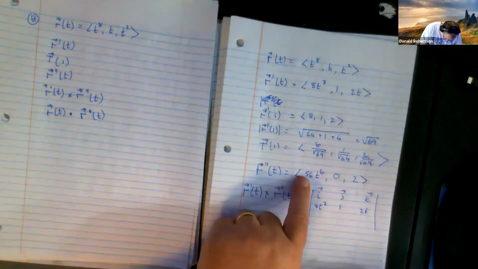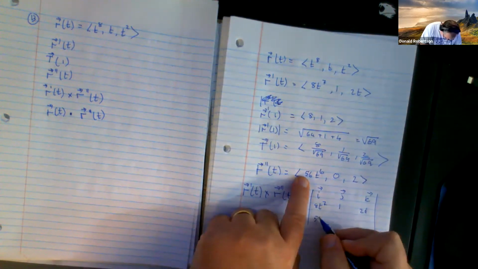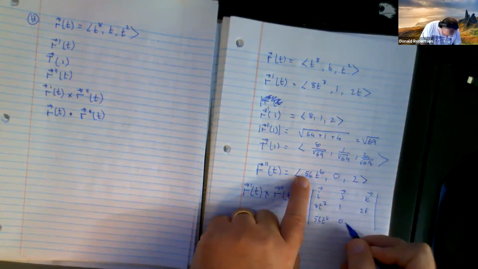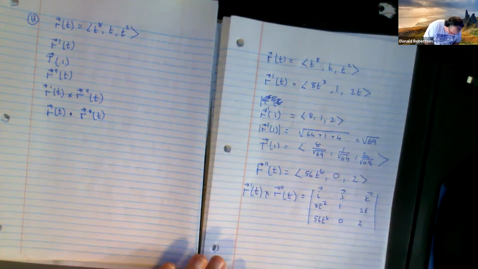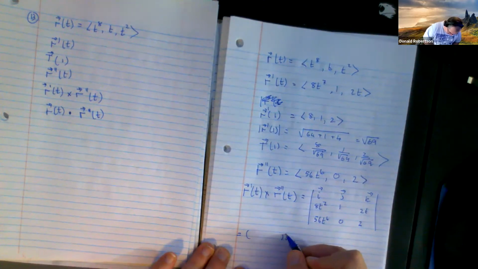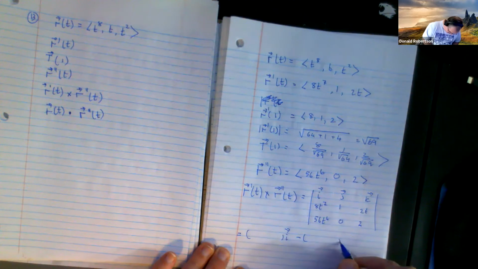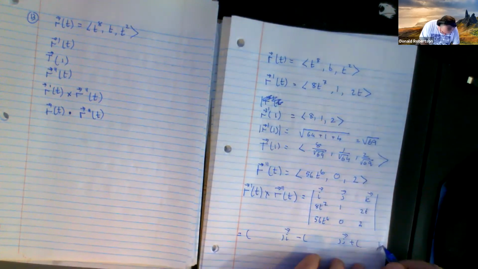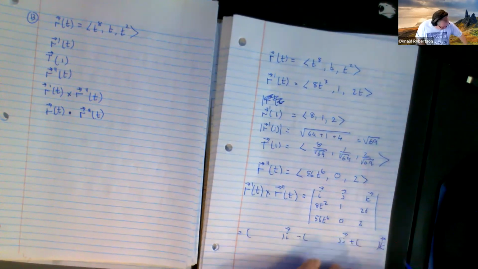And the second derivative is this guy. The answer is going to be so many i's, take away so many j's, plus so many k's.